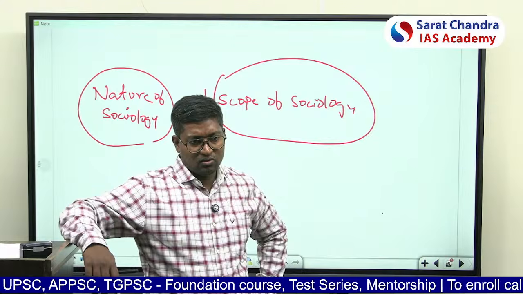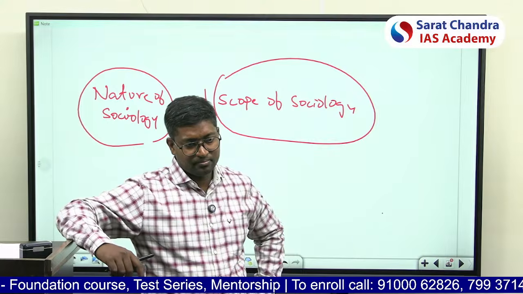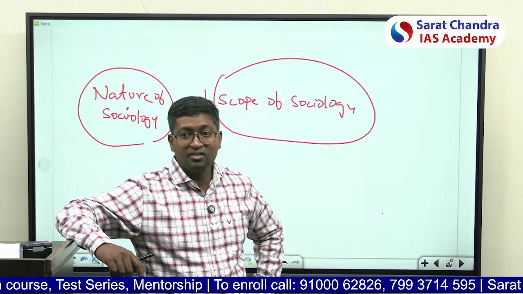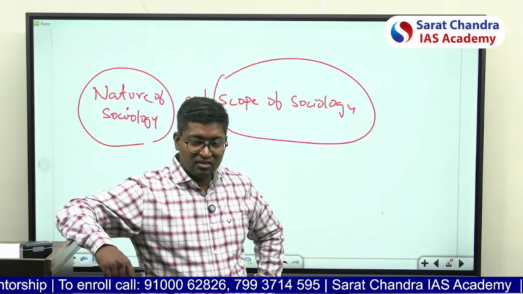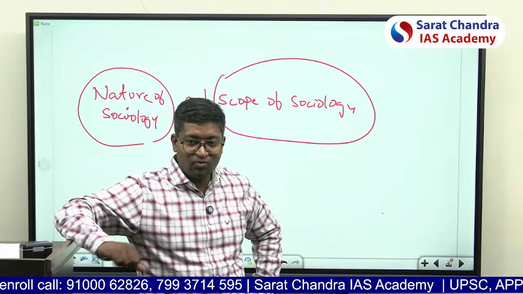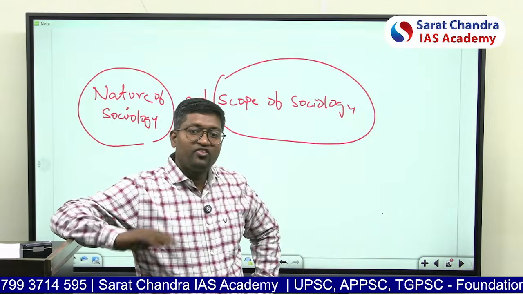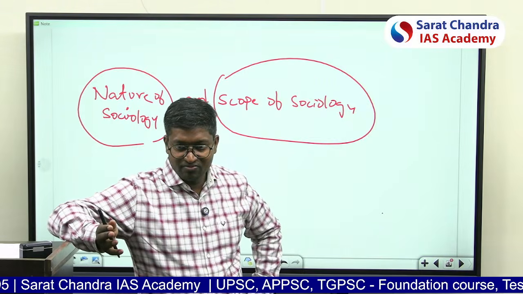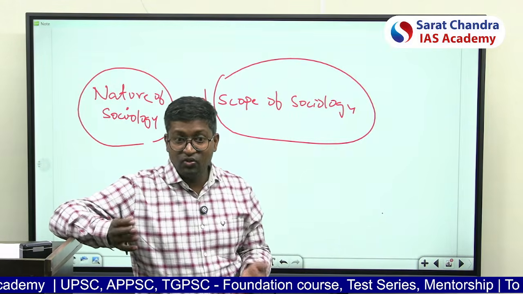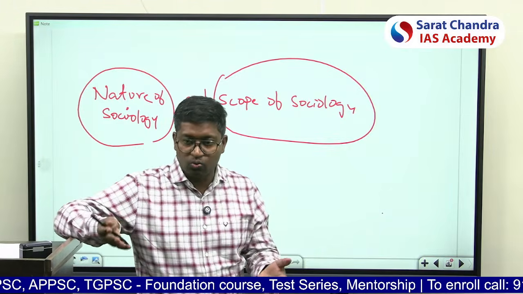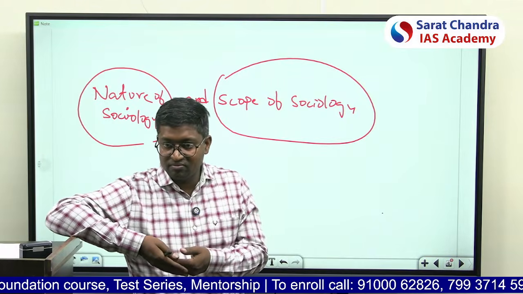So nature is a core aspect of sociology. What do you understand by core aspect of sociology? Study of social change, social processes, institutions, that is scope. Then what is nature? When I ask you, what type of a person are you, you explain about yourself, your characteristics, your personality.